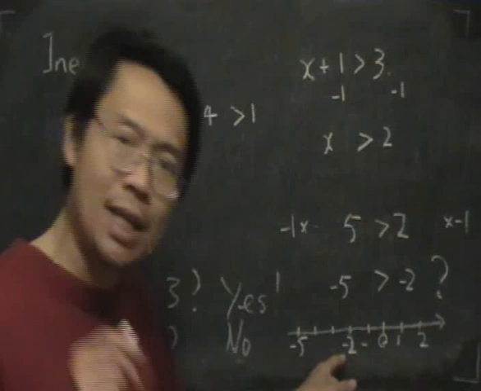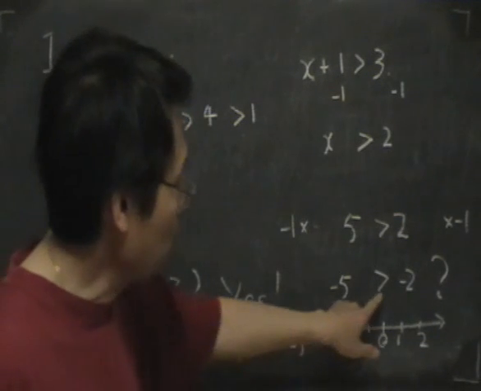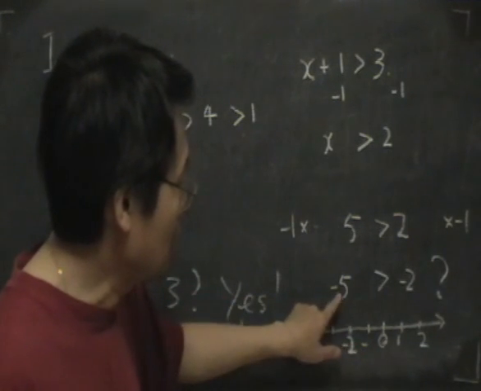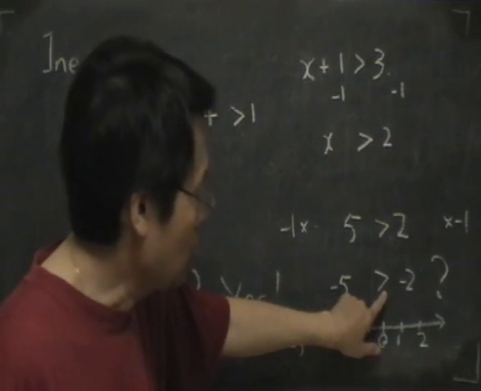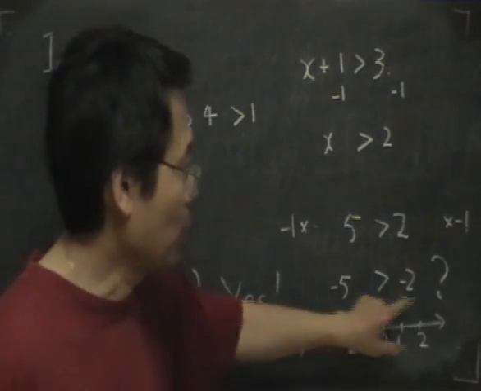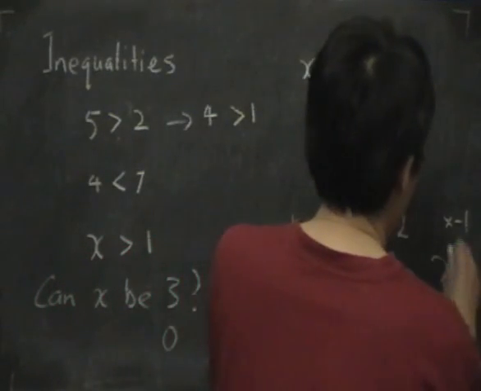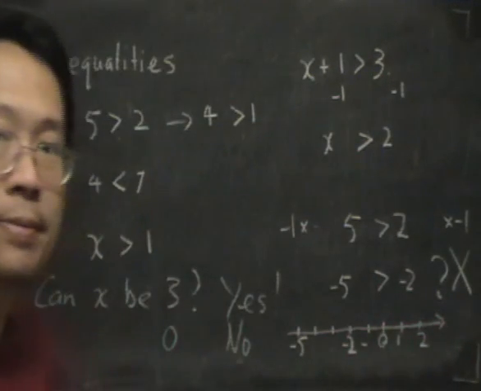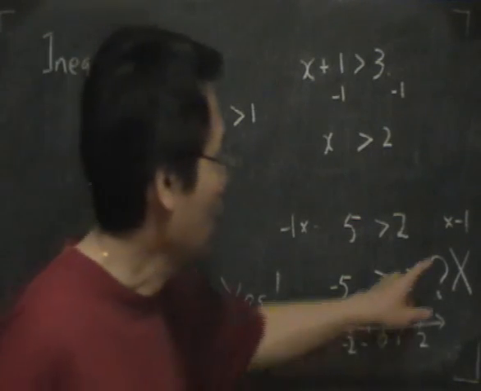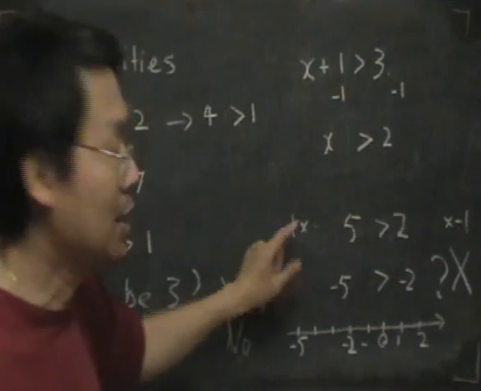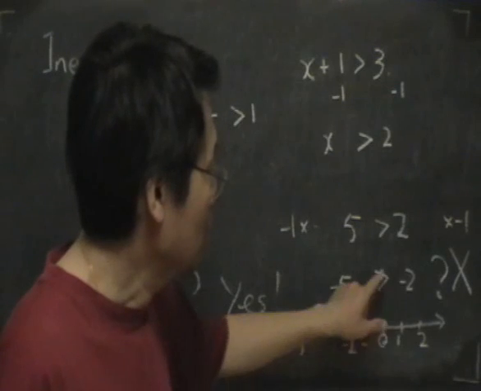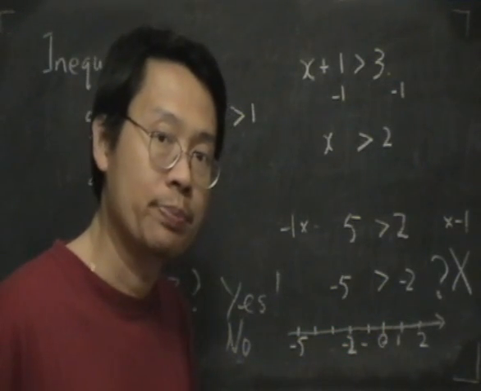But what this inequality says is that minus 5 is greater than minus 2. So therefore, this is wrong. And therefore, if we multiply by a negative number, the inequality is not true anymore.